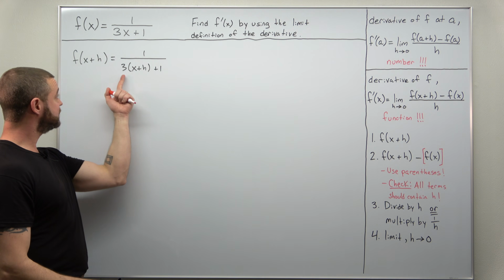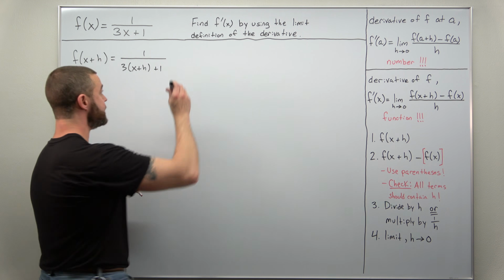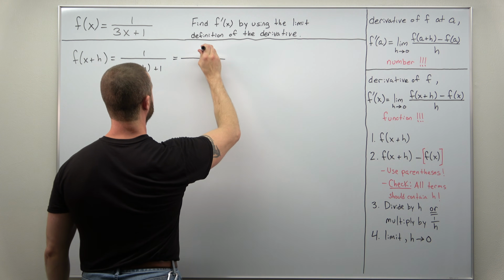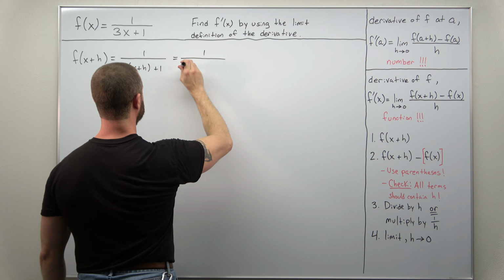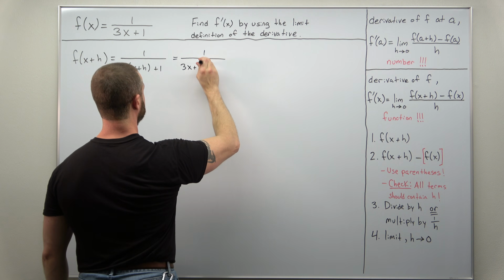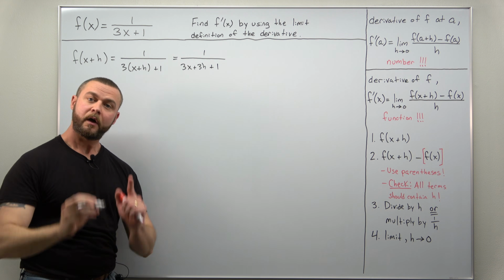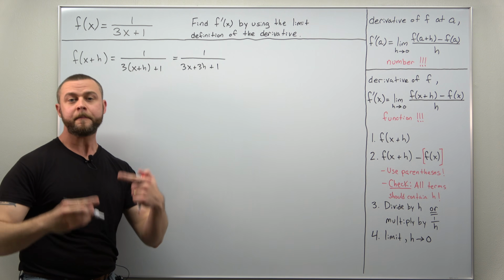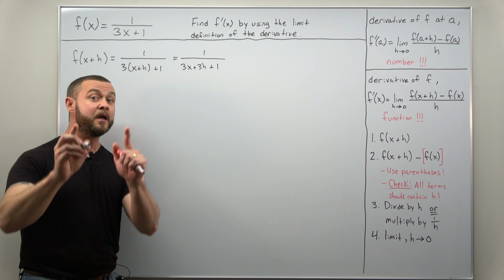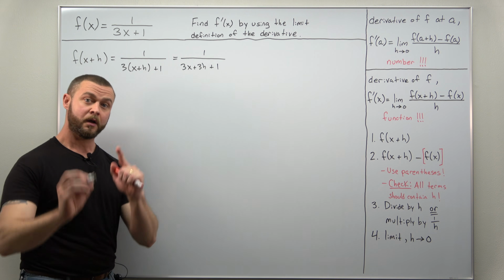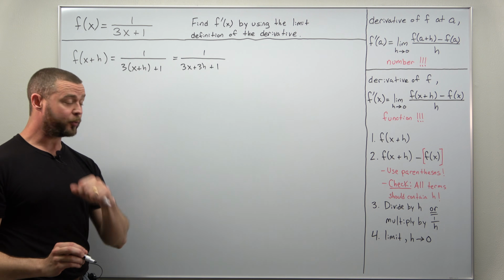So I'm just going to decide to distribute that 3 and write my denominator as 1 divided by 3x plus 3h plus 1. There's a lot of different ways you can write your work here. This is just how I like to do it, and a lot of my students tend to find this to be simpler as well. All right, so that's it for step 1.